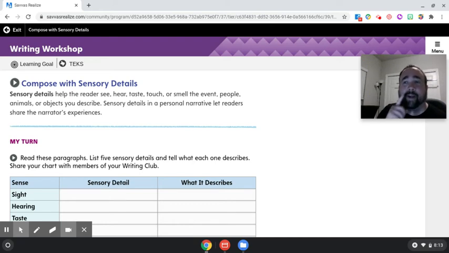I described to you what it smelled like, right? I walked by the stand and you could just smell that butter and salt and yummy popcorn. Those are called sensory details. They are describing something in your story. Okay? So, that is a sensory detail.